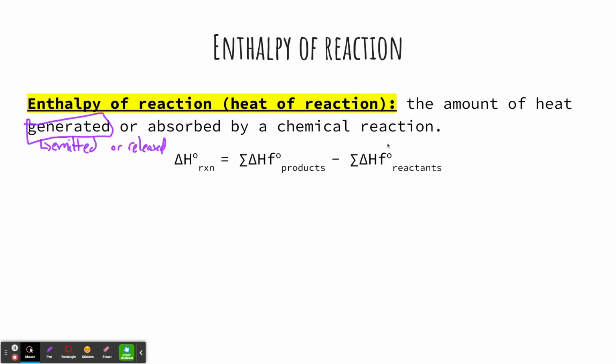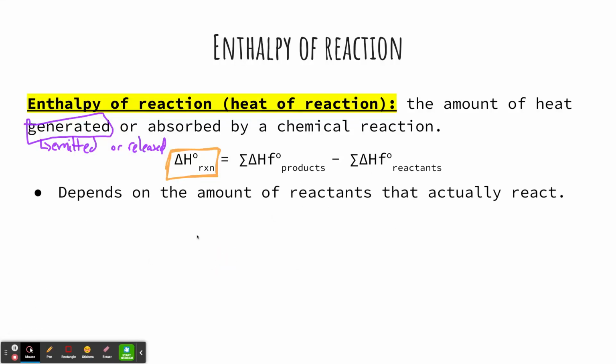Guys, we're going to pick up with this equation later on in the unit, but I figured I'd introduce it now. Moving forward, when we're talking about delta H, I'm probably going to give you this value, and it won't be until a later subsection before we start to actually calculate it. So I just wanted to introduce it for now. So this is going to depend on the amount of reactants that actually react.